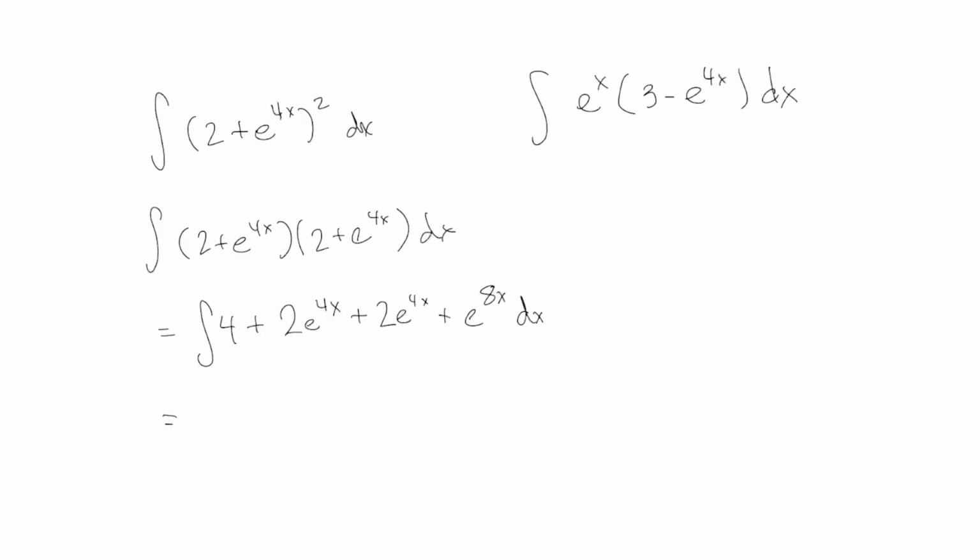So the 4 becomes 4 times x, because that's what happens with just a constant. The next one becomes 2 times 1/4 e to the 4x. That's the e to the kx rule. And then the next one is the same, 2 times 1/4 e to the 4x. And then finally, the end, e to the 8x is 1/8 e to the 8x. That's, again, the e to the kx rule.